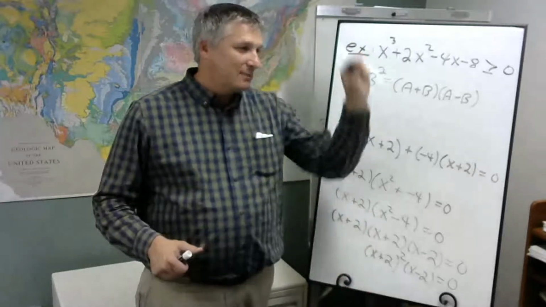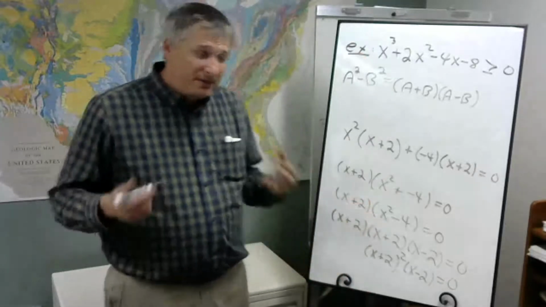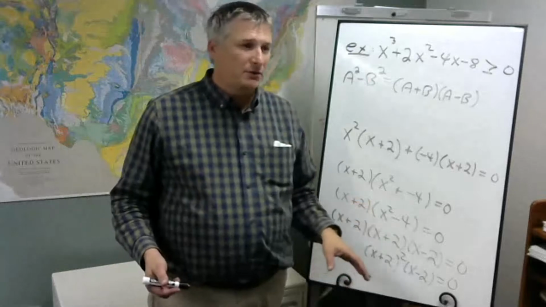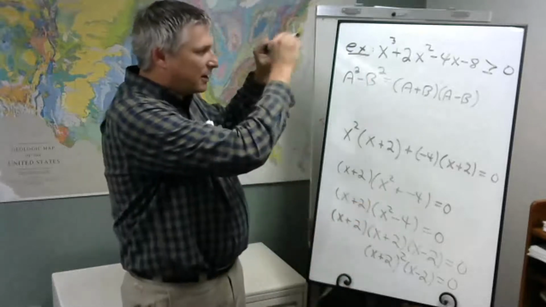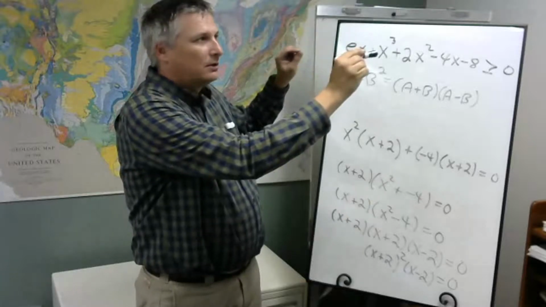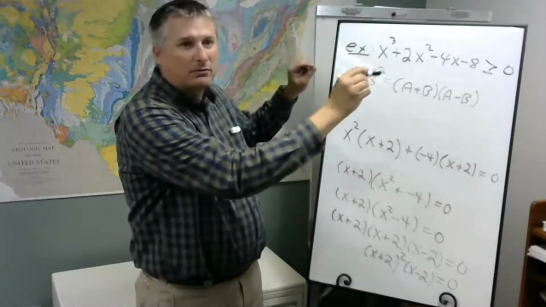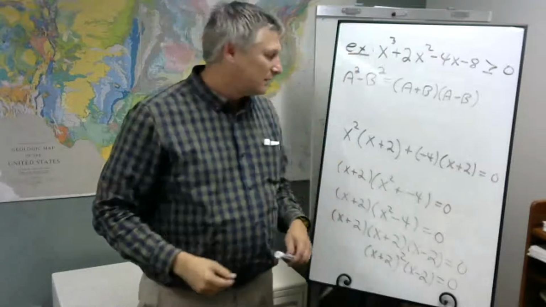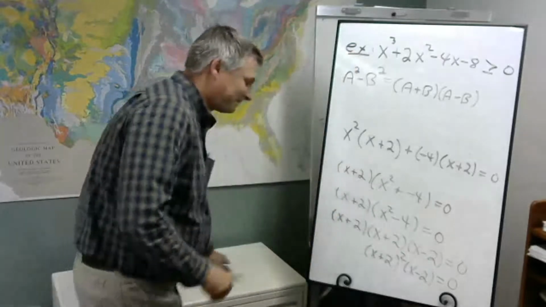It'll just contact it and bounce off. So this will provide one of those situations where you'll be checking your sign, you'll hit an intercept, and then on the other side of that intercept, the sign will repeat itself. You won't see a change in sign. Well, let's go through. Let's take a look.